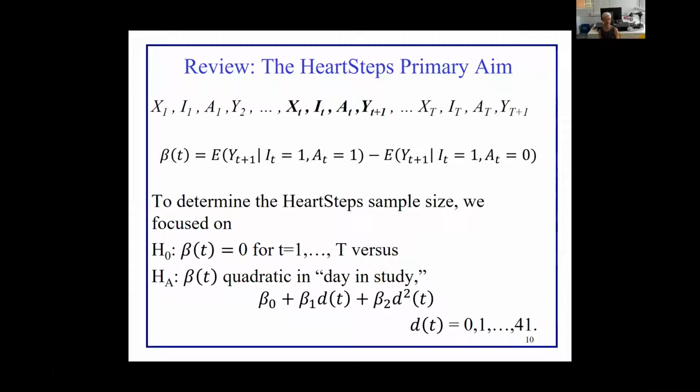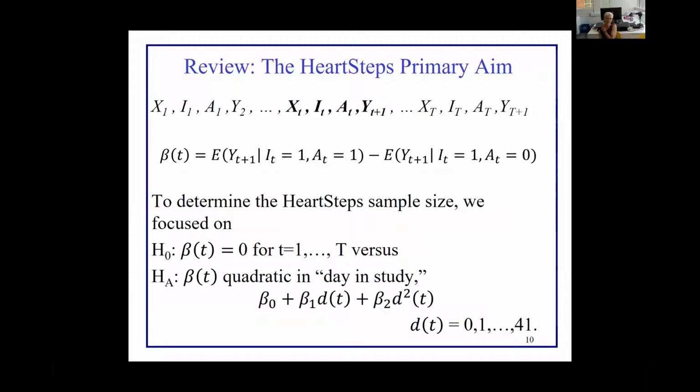And of course, as you well know, the primary hypothesis is how you determine your sample size and thus the budget for whatever trial, in this case a micro-randomized trial, that you would propose. And because we were so concerned about that chance of negative habituation, a decreasing impact with time, we decided to focus our alternative hypothesis to really maximize the power for a quadratic trend.